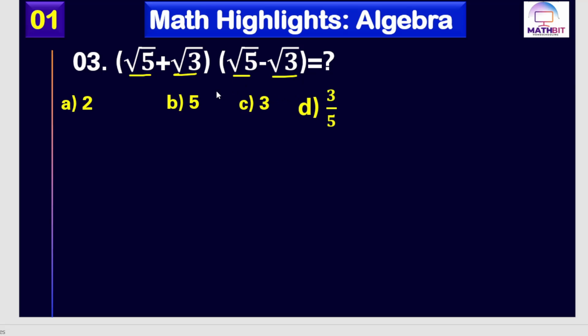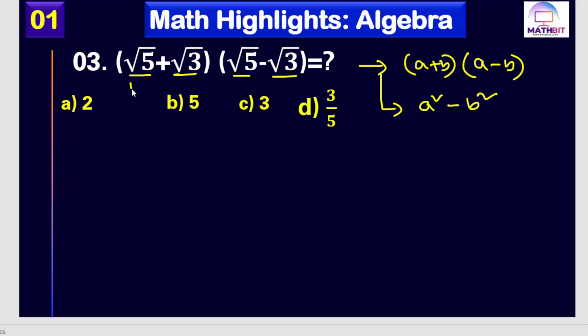Just think, it's looking like (a plus b) times (a minus b). What does that mean? It means a square minus b square. Therefore in this expression we can write root 5 square minus root 3 square.